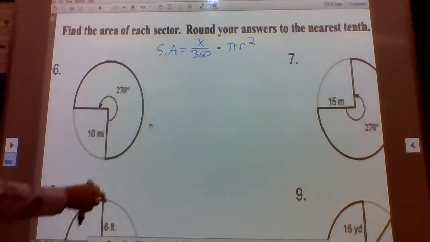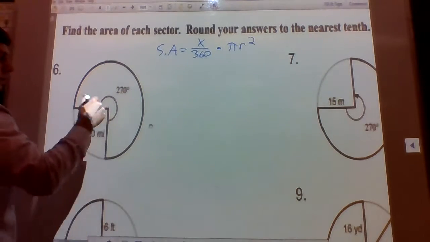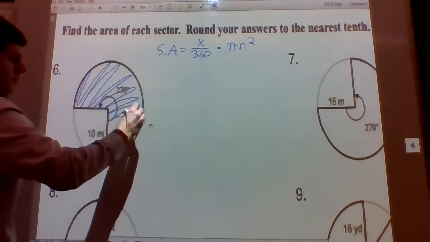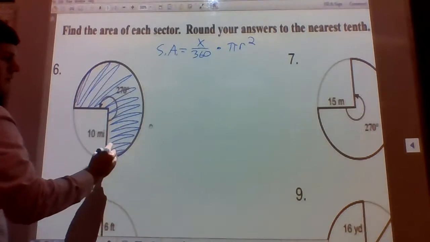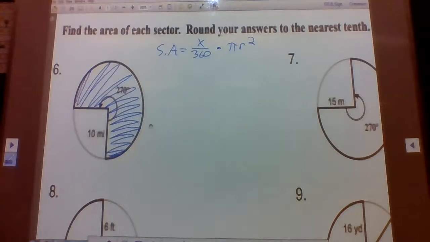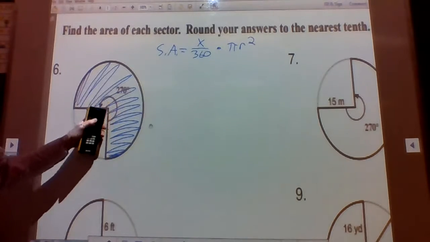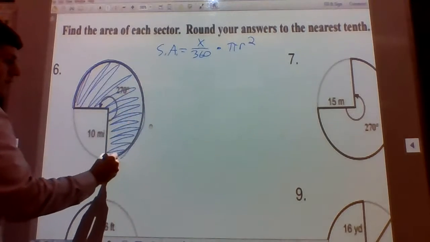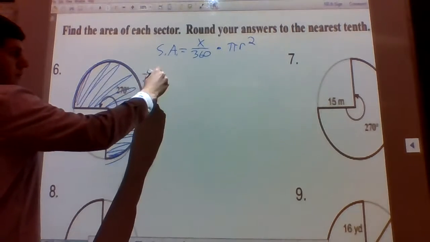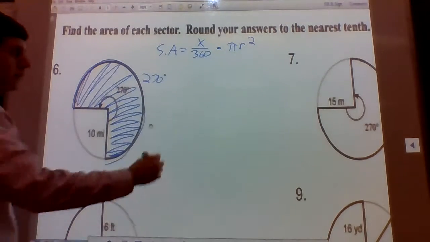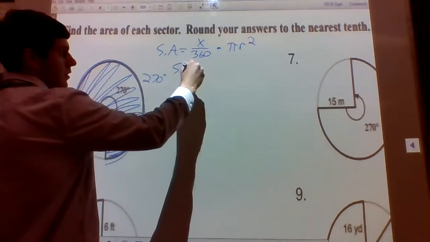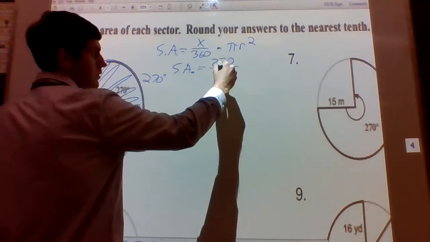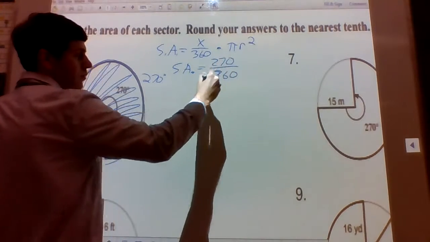The total area of the circle here is pi r squared, but we only want this portion of the circle. We notice this central angle is 270 degrees, so the measure of the arc is 270 degrees. So we take 270 out of 360, which is only 3/4.